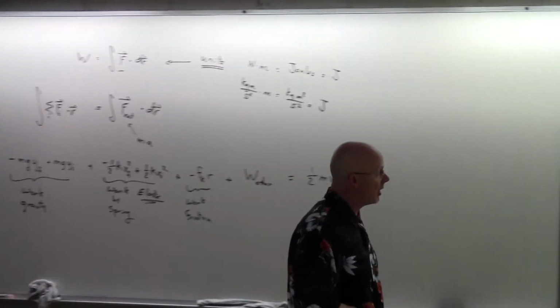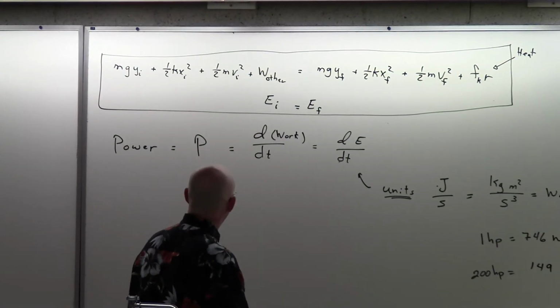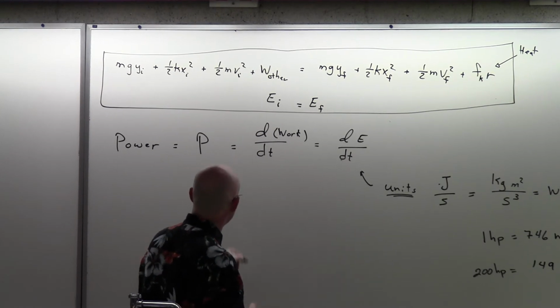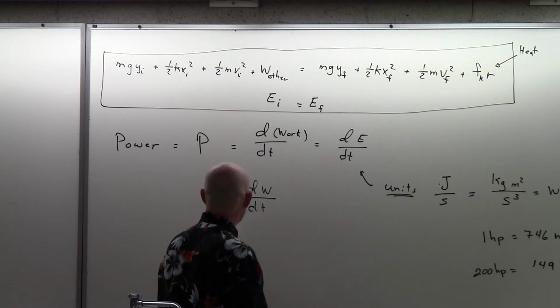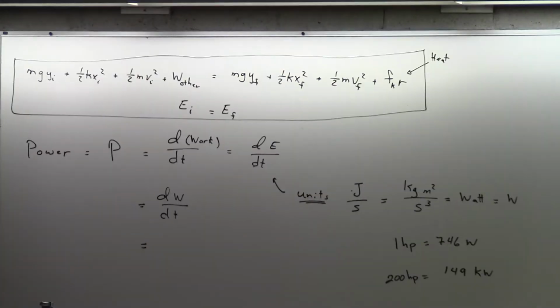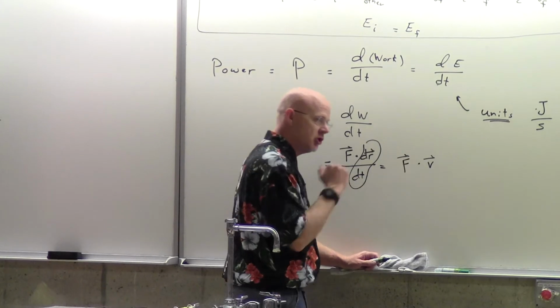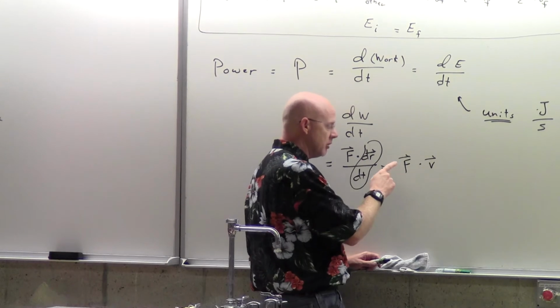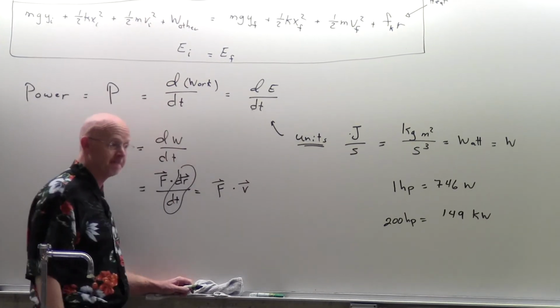Let me make one more step here, because another way of looking at this equation for power, let me just write it as dW/dt. So there is the rate at which work is being done. Let me draw your attention back over to this equation: the engine is applying a certain force on my car while my car is going a certain speed.